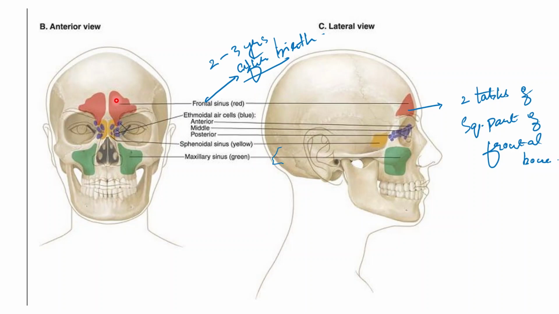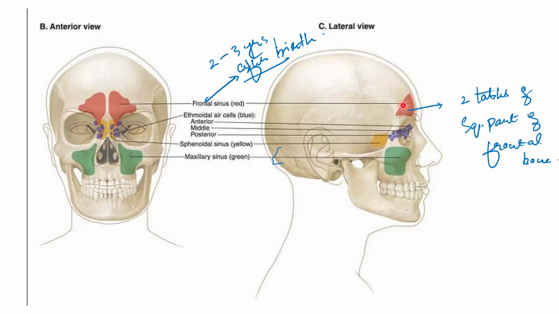This frontal air sinus communicates and opens into the middle meatus of the nose through the ethmoidal infundibulum. This air sinus has its blood supply from the supraorbital vessels and its nerve supply from the supraorbital nerves.